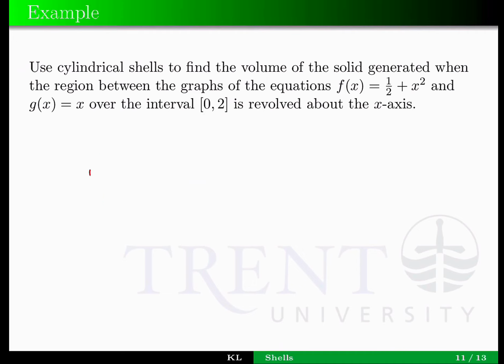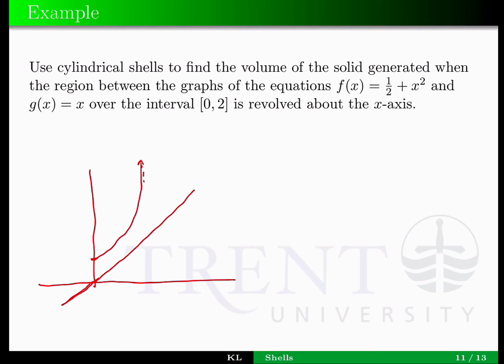This is one of the examples that we did in the previous lecture. Here you have y equals g of x equals x, and the parabola 1/2 x squared, and the region from 0 to 2 is this one here.